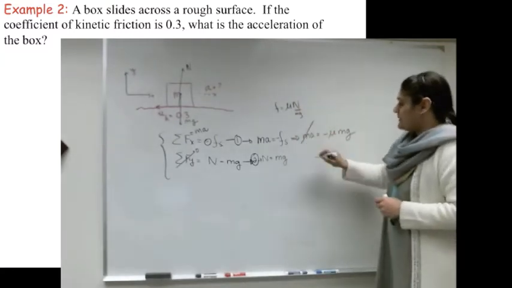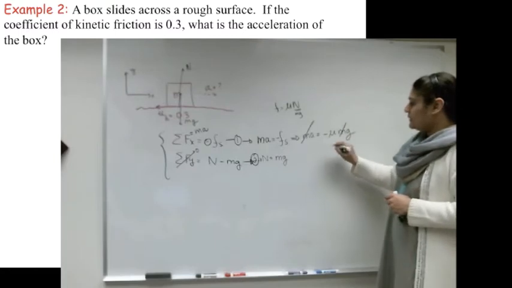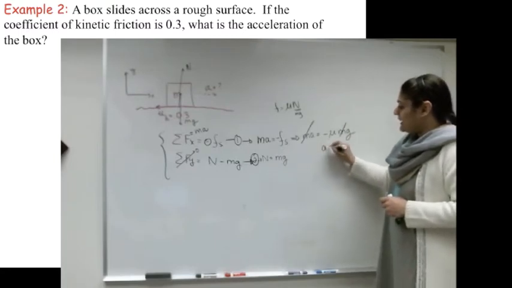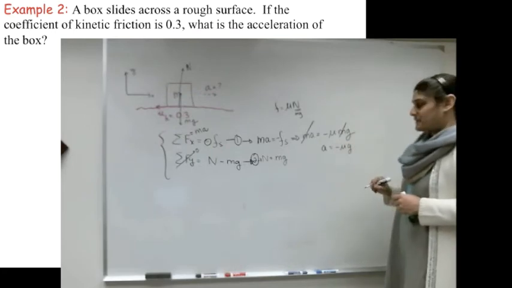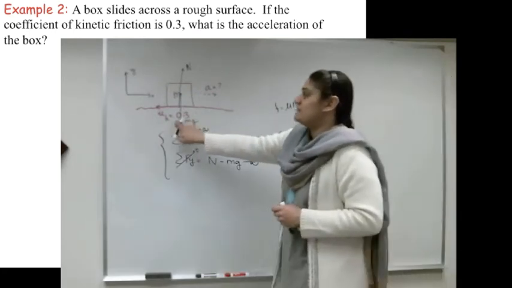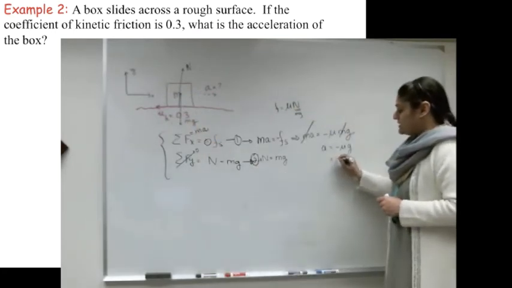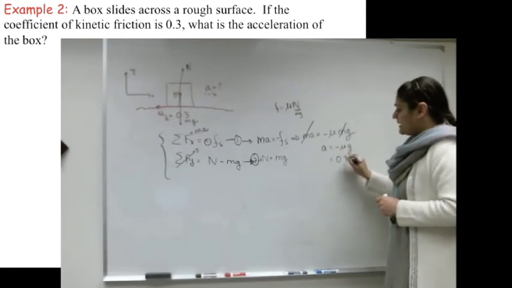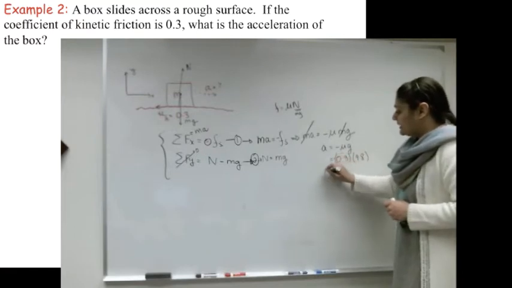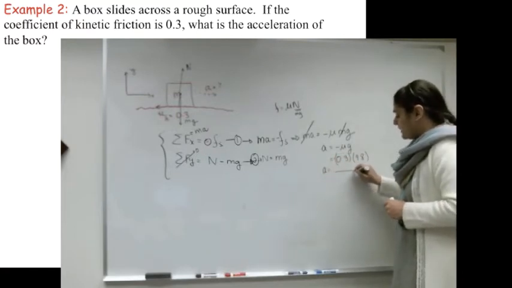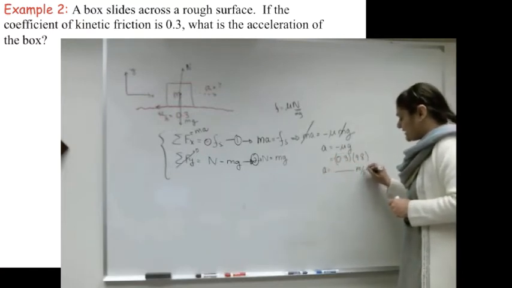So the m's go away. What am I left with? I am left with a equals minus mu g. Mu is given to us, which is 0.3, and I know the value of g is 9.8. So I can plug the values in here, and what do I get?